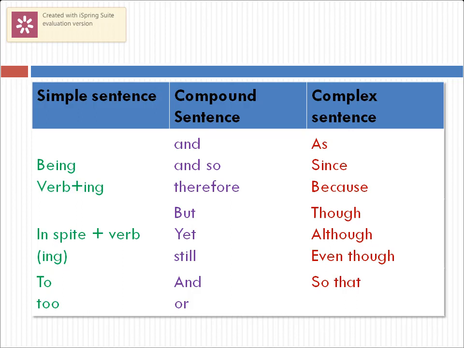Similarly, if the compound sentence has but, yet or still, we can use the subordinating conjunctions though, although or even though to make it into a complex sentence.